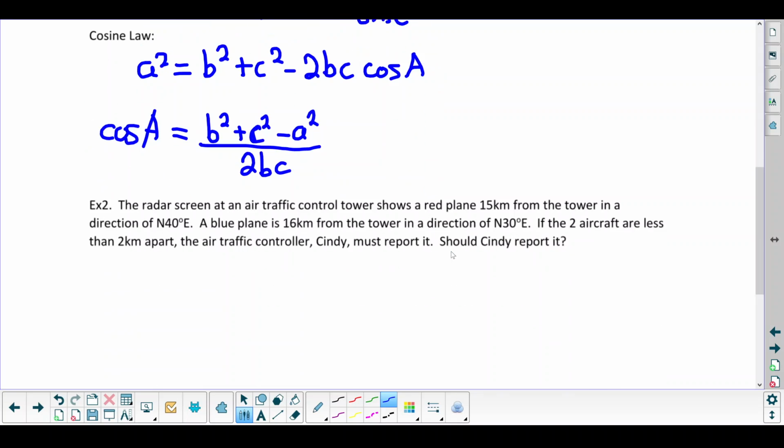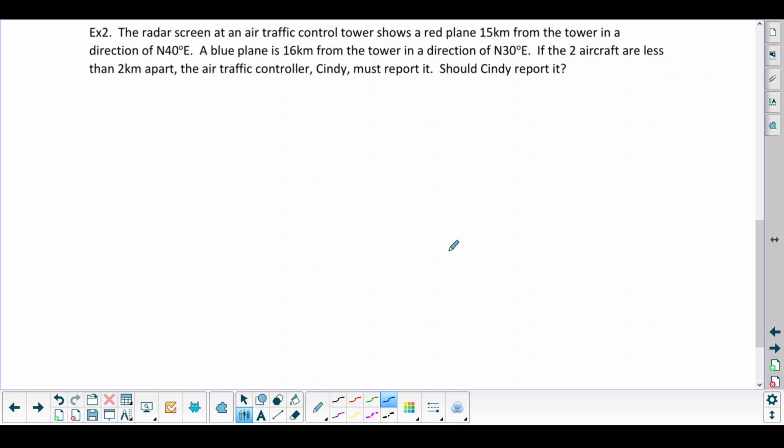Okay, so let's try an example. With all of our examples, we're always going to read it and try to draw a diagram first. The radar screen at an air traffic control tower shows a red airplane 15 kilometers from the tower in a direction of north 40 degrees east.